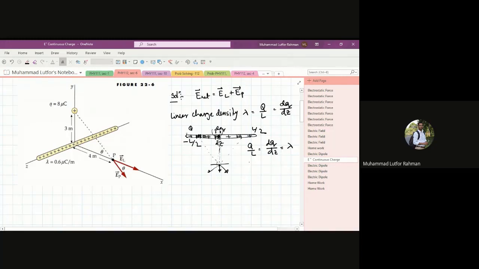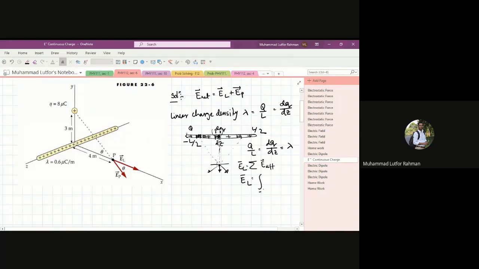So I can write the electric field from this line of charge as basically the infinite sum of the contributions of the electric field of each differential element. This is actually a summation sign, and the summation sign, extended, becomes the integral.